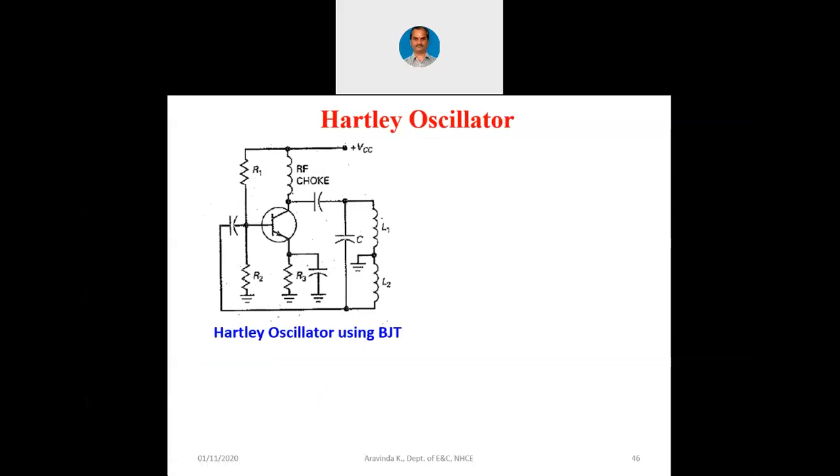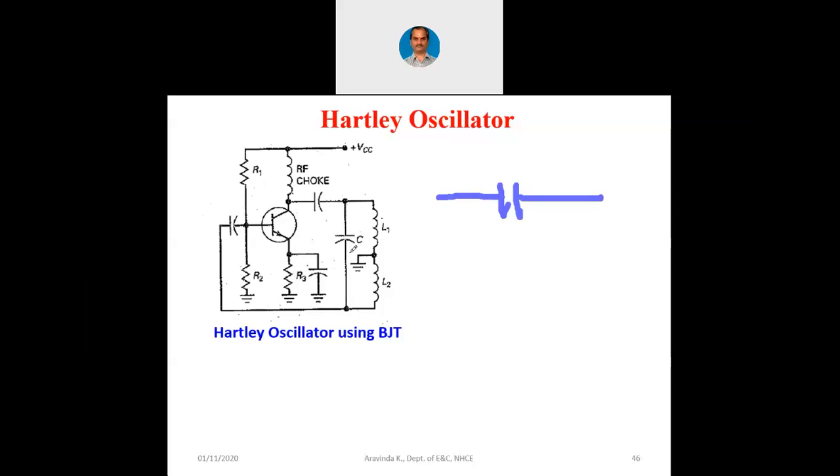Now coming to the next type called Hartley oscillator. You can see here that instead of two capacitors and one inductor, we have now two inductors and one capacitor. Let me write it in a slightly different way. You can see that capacitor is connected directly between input and output.